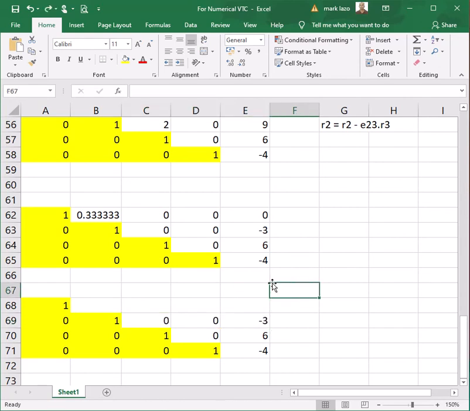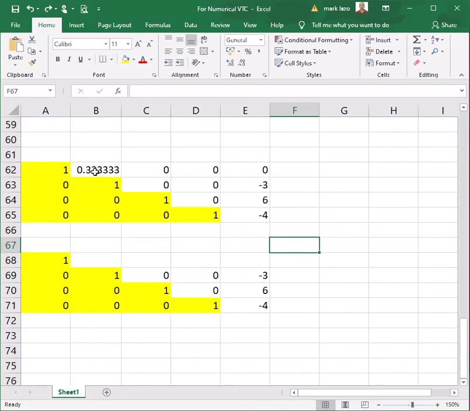Now, our last step, since these are already 0, these are already 0, the last step is to make the value here above the 1 in the column B into 0. So we have to make this one into 0, or we have to convert that one into 0.